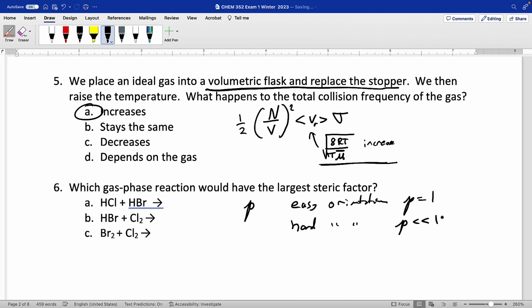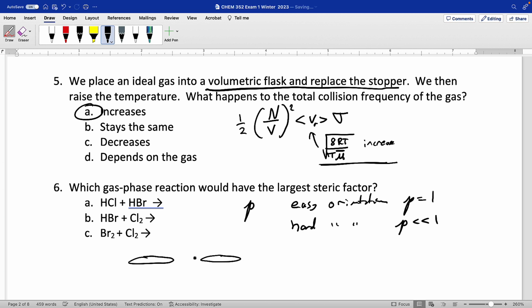Okay, so remember the P factor accounts for the fact that not every collision, even if it's a violent collision with plenty of energy to overcome the activation energy, can be effective if there is a requirement for the way the atoms are arrayed in space relative to one another. So looking at this, all of these are going to have P's that are much less than 1 because we've got two stick-shaped molecules that react.